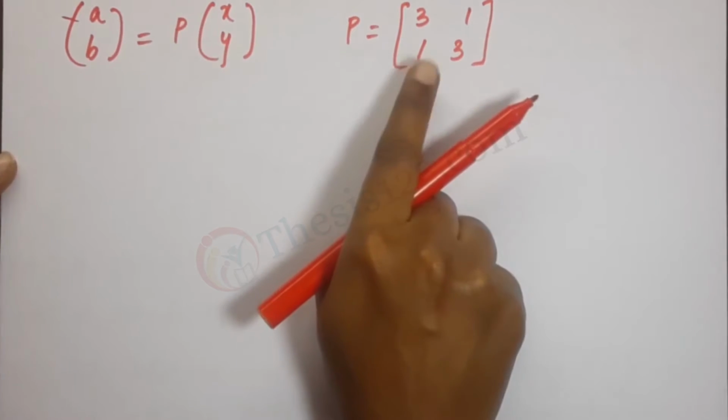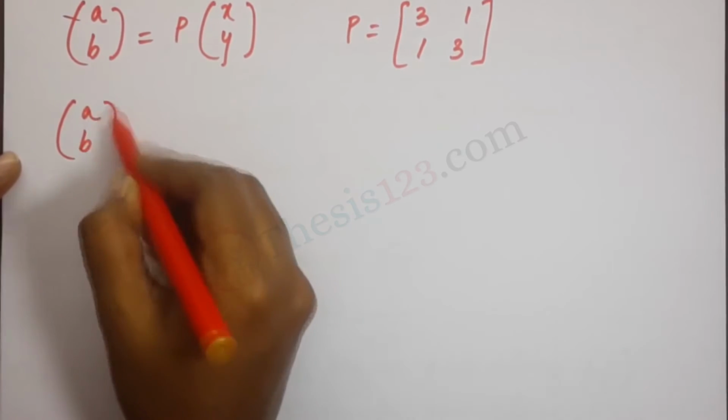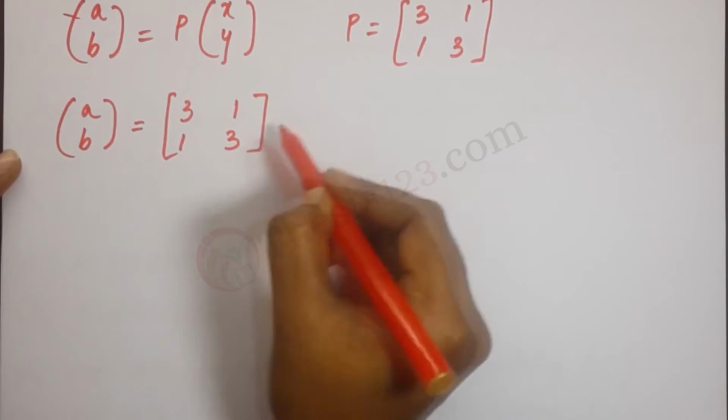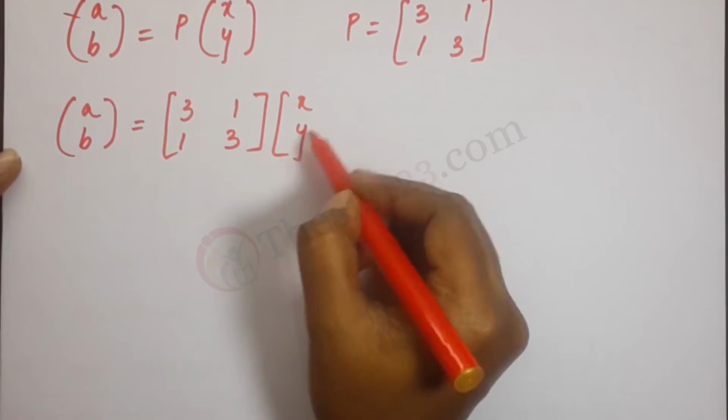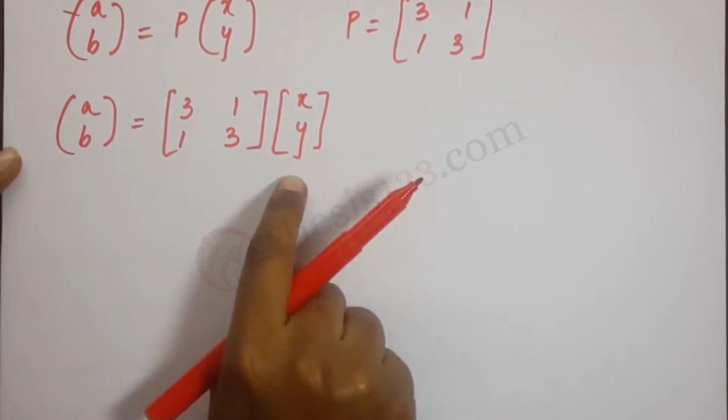So we plug this into the expression. a, b is equal to 3, 1, 1, 3 into x, y. Now let's multiply these two.